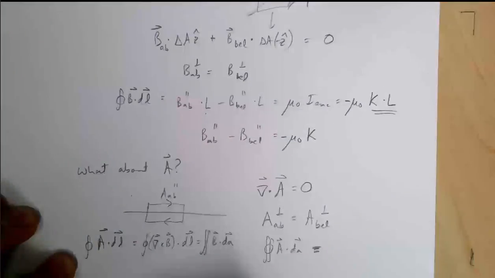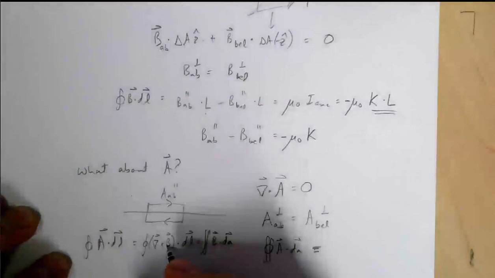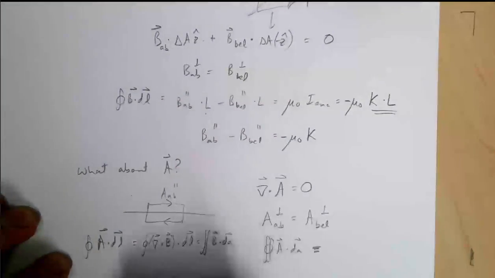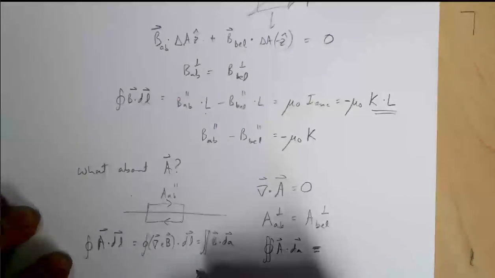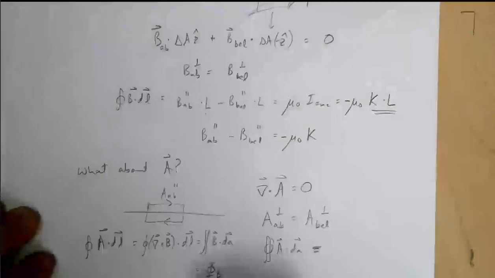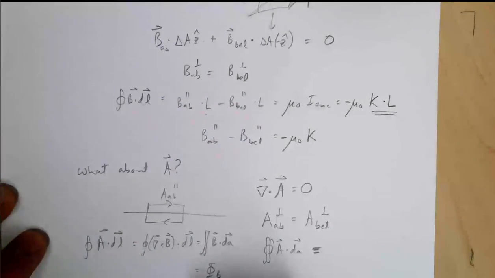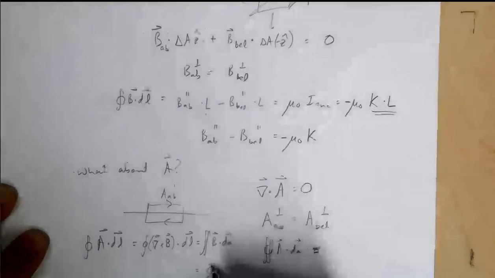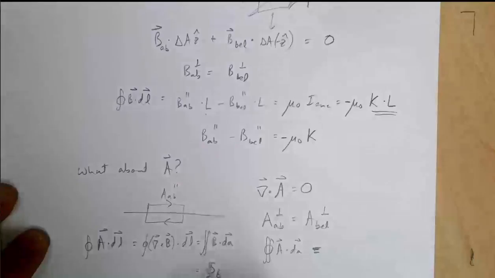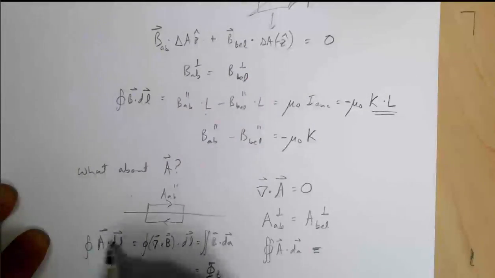So Stokes' theorem and the divergence theorem are coming in to be very, very handy for all these types of relationships. And if I look at this here, I can say, oh, okay, that's just the magnetic flux. So in other words, the flux through this loop here is essentially determining what my boundary conditions on A are.